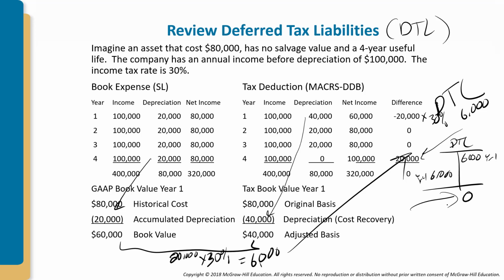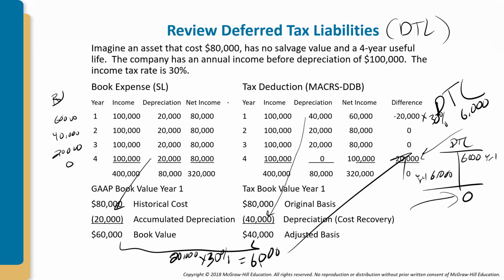Okay, so I'm going to write that over here. Let's look at it this way. If I write over on the side our book value for GAAP, at the end of year 1 it's going to be 60,000, and then 40,000 and 20,000 and 0.